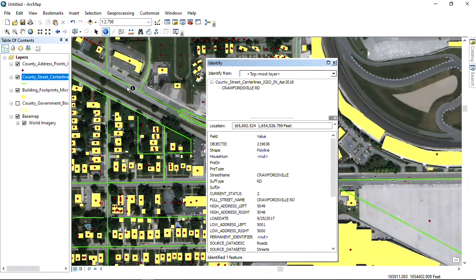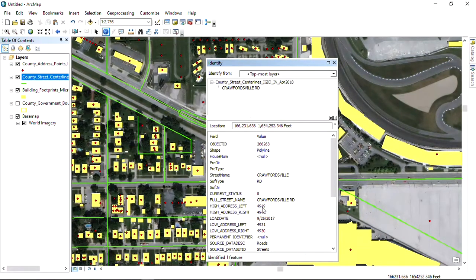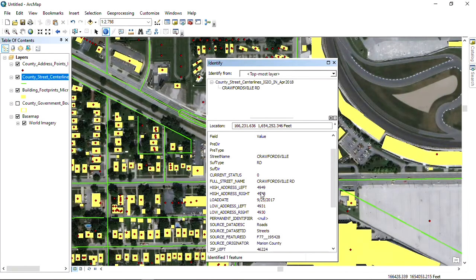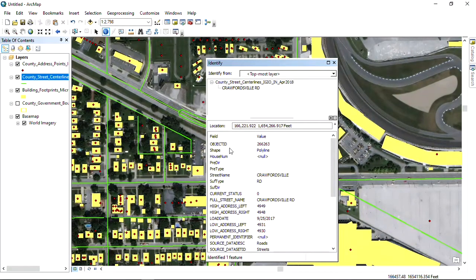As new buildings pop up, as new lots are sold, and so on, these addresses are maintained. If you're a postal worker, or someone looking for a particular address location, this is where you would find it. This particular line segment stretches from 4949 to 4930, this little segment here of Crawfordsville Road, sorry.